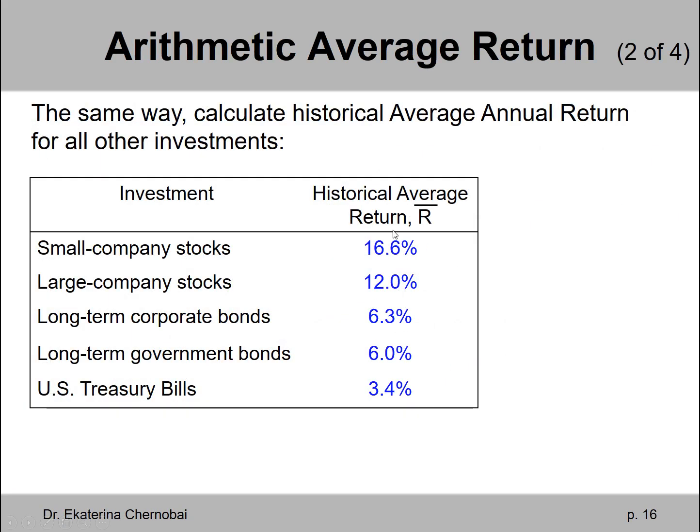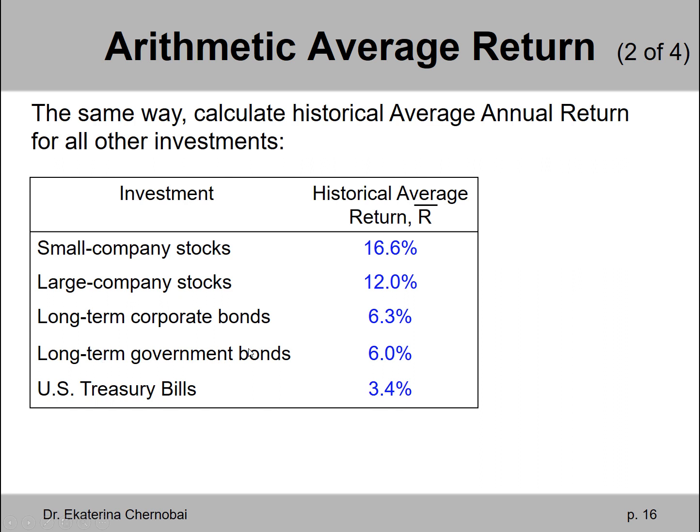If you do the same math using historical data for all the different investments that we are looking at in this chapter, then for the small company stocks, it will be the highest, 16.6%. Large company stocks, 12%. Then the book also lists long-term corporate bonds, something that hasn't come up yet. So it's kind of randomly popping up here and there, 6.3%.